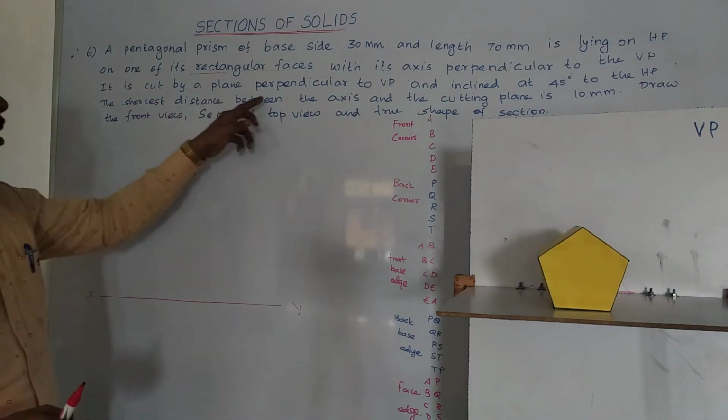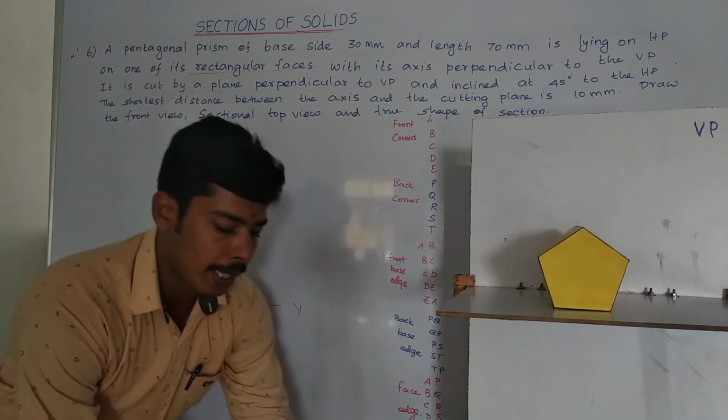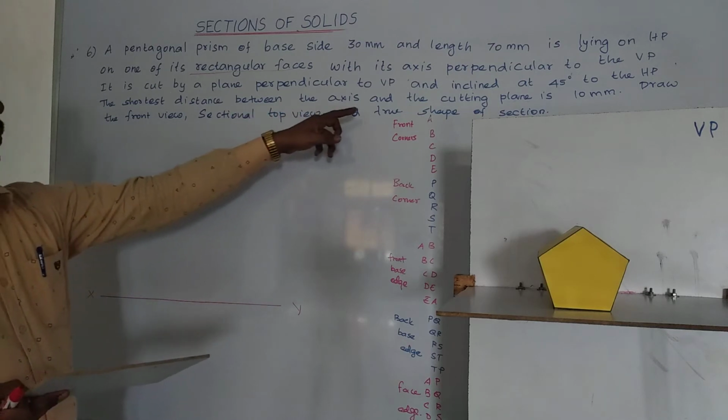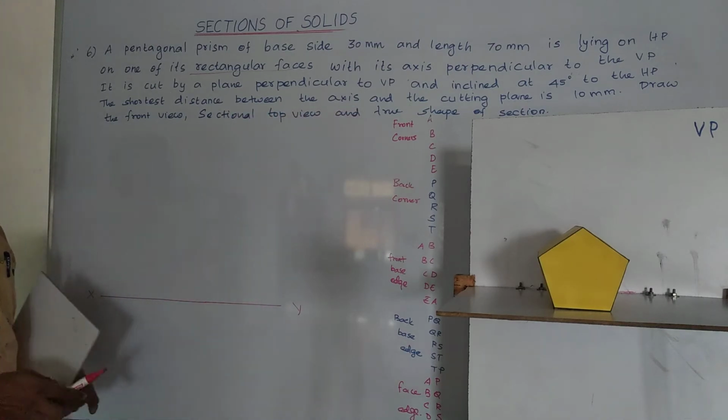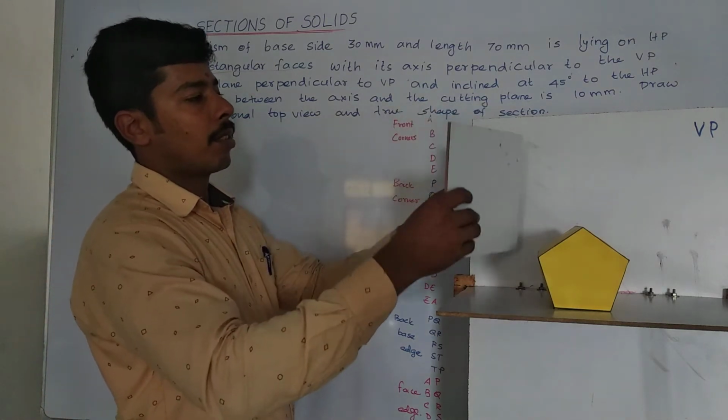Then it is cut by a plane perpendicular to the VP and inclined at 45 degrees to the HP.